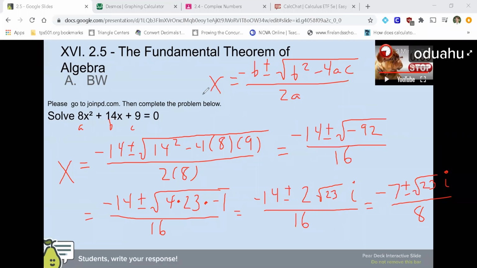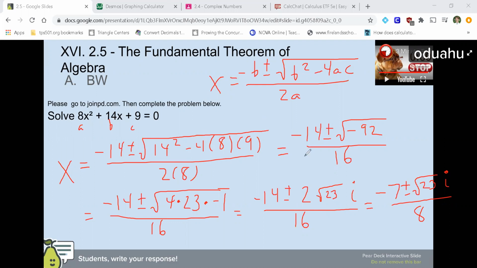Questions about this problem? This is the task that I asked you to do on your own from yesterday. Or I guess that would have been from Monday's class.